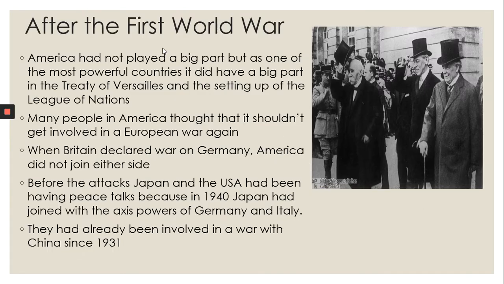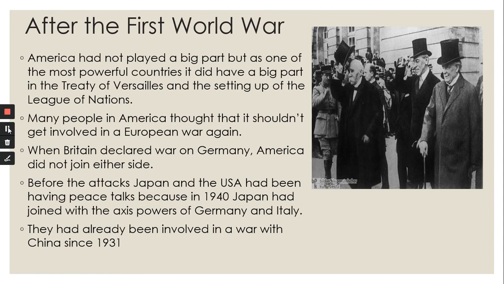So after the First World War, America had not played a big part. But as one of the most powerful countries, it did have a big part in the Treaty of Versailles and setting up the League of Nations. So America actually signed the document that ended World War I. But many people in America thought that America shouldn't get involved in another European war.